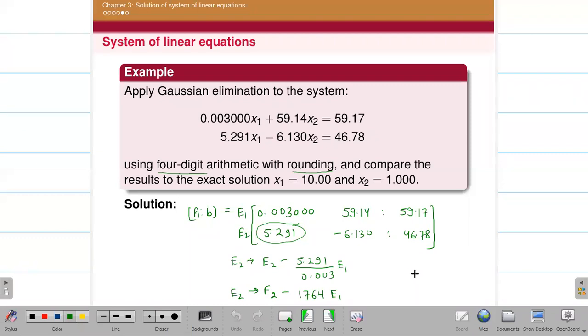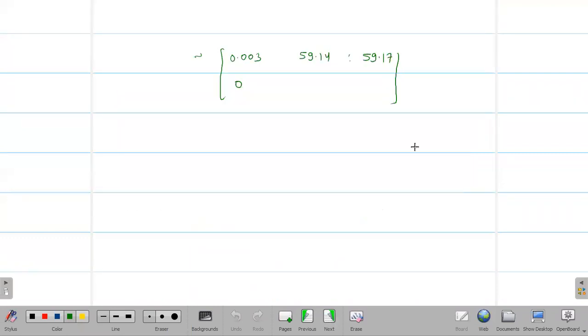Minus, so if I write it here, minus 6.130, because the operation was E2 minus 1764 E1. So minus 6.130 minus 1764 into E1, 59.14. Solve this, and in each calculation you have to take 4 digits also.